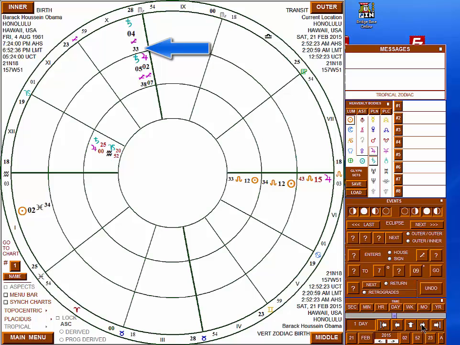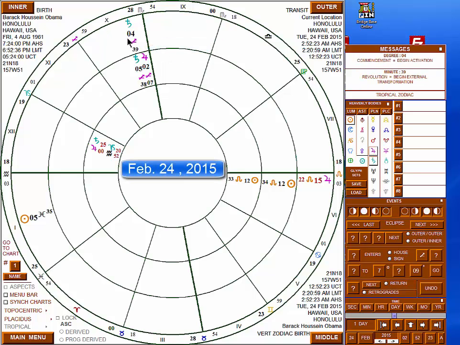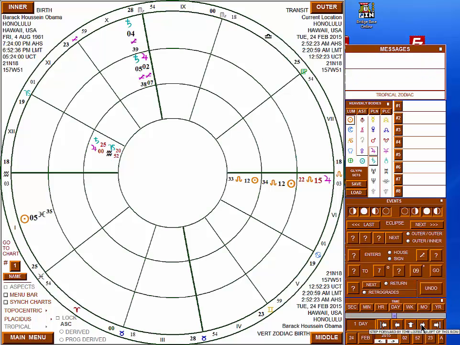Here we go. On February 24th, transiting Saturn is conjuncting vertical zodiac Saturn. Let's see how long it does that.